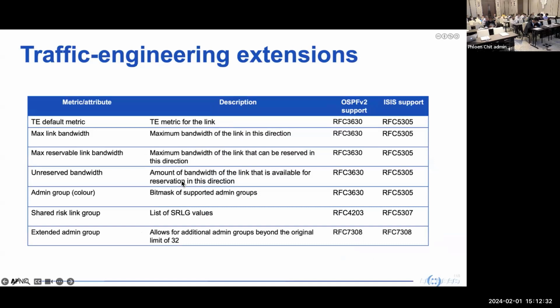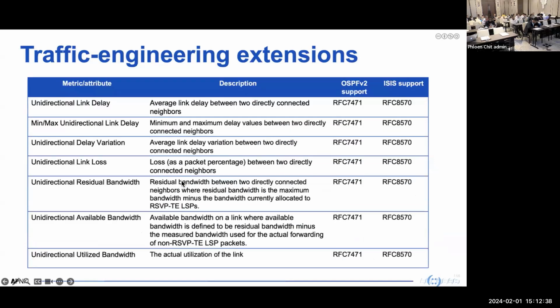You may find out more details about them by reading the RFC listed in the right column of the table. And here is another list for traffic engineering metric extensions that have been defined for OSPFv2 and ISIS. The metric extensions for OSPFv2 were defined in RFC 7471, and for ISIS, you can refer to RFC 8570.